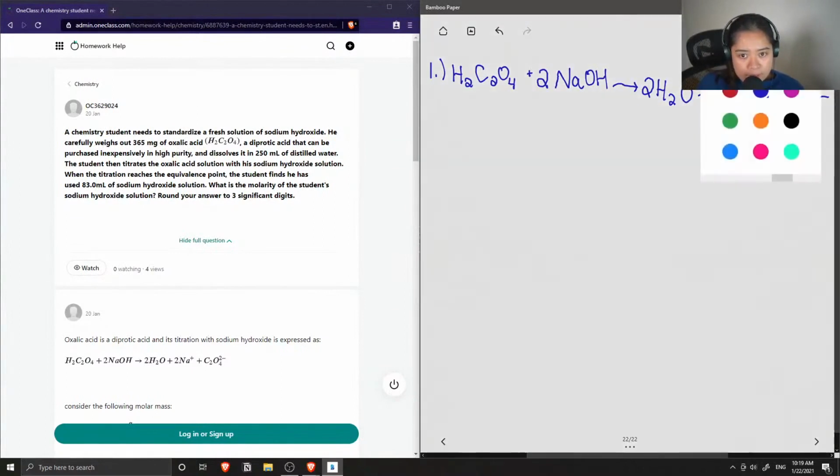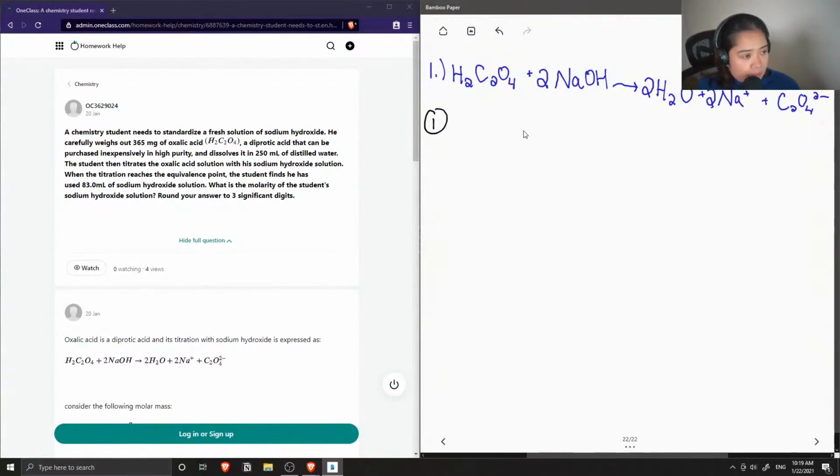So the first step is to find the number of moles of oxalic acid that is just in solution, I suppose. So first let's find the molar mass. For the molar mass of oxalic acid, we would need all the individual molar masses of the atoms involved, like hydrogen, carbon, and oxygen, but they can just be found on your periodic table.